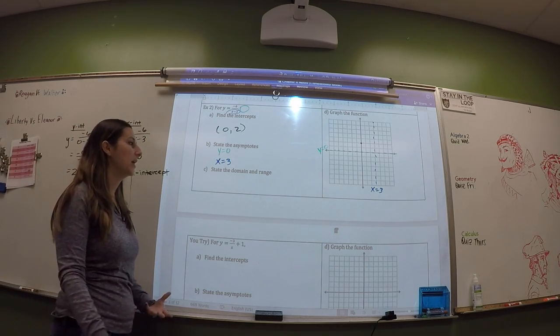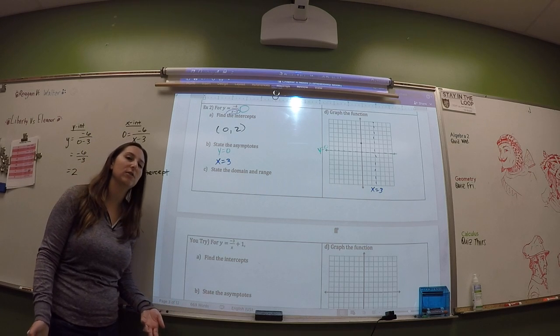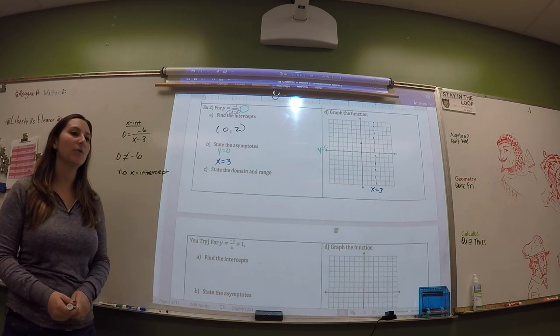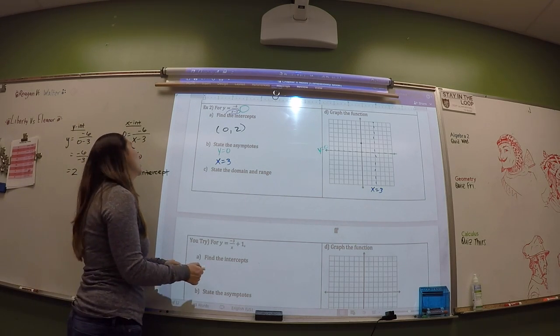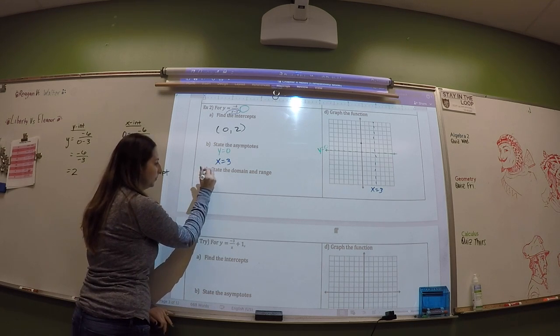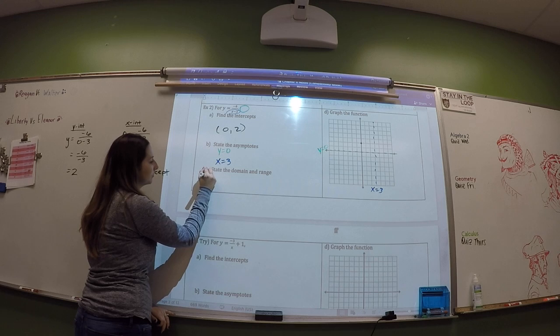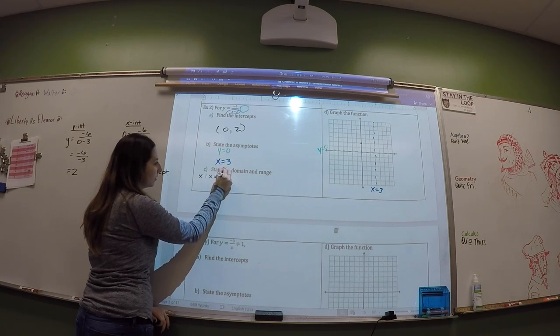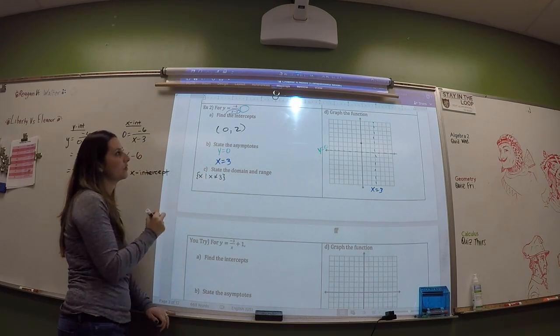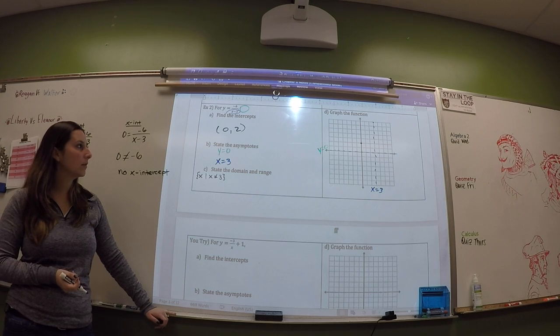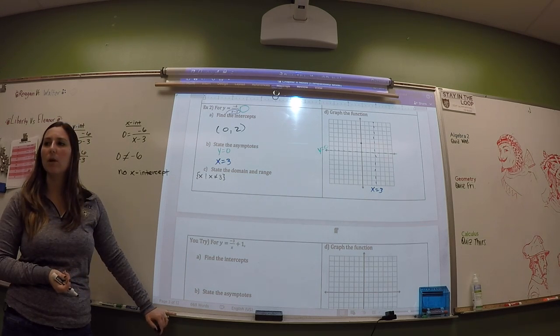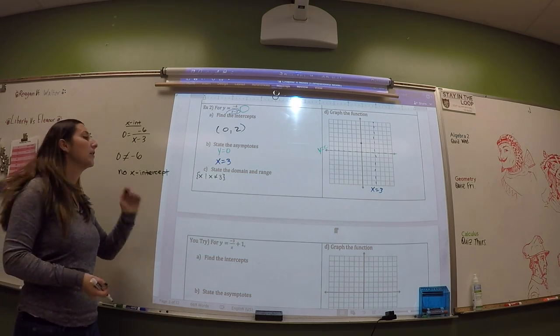Now, our domain and range don't really change conceptually. It's still going to be everything except asymptotes. I thought you said there wasn't an asymptote. No, there's no x-intercept. There's an asymptote.